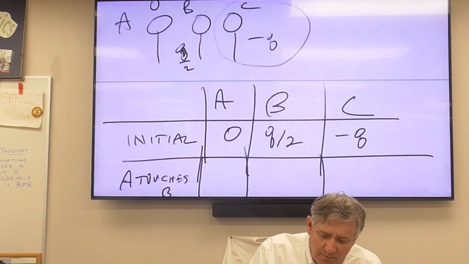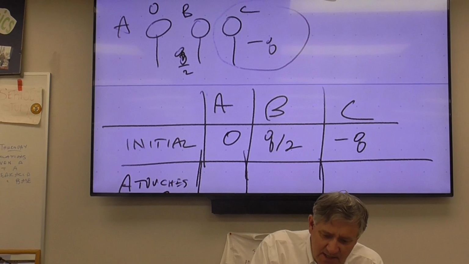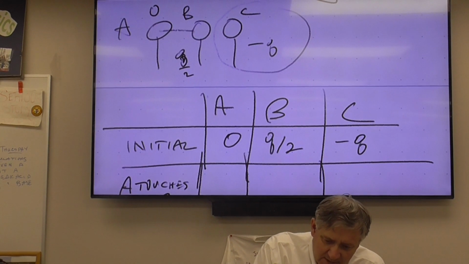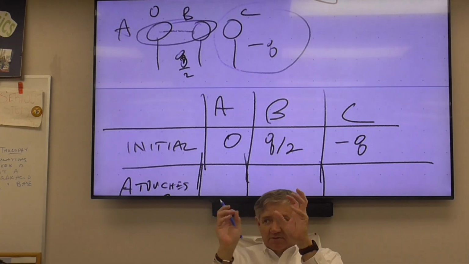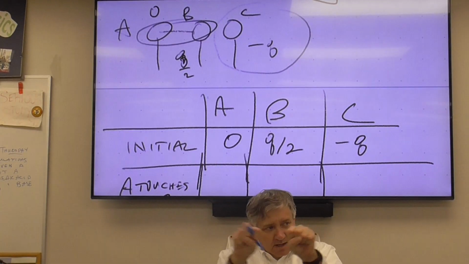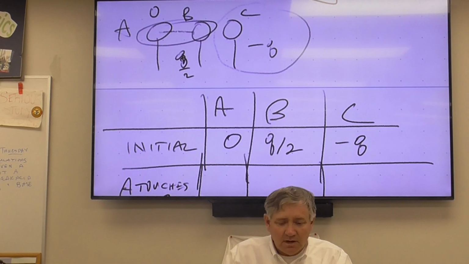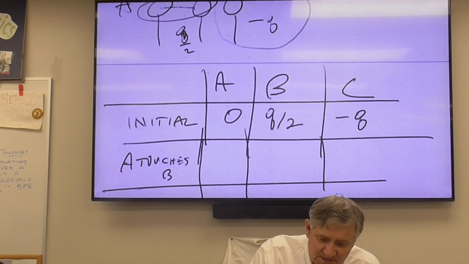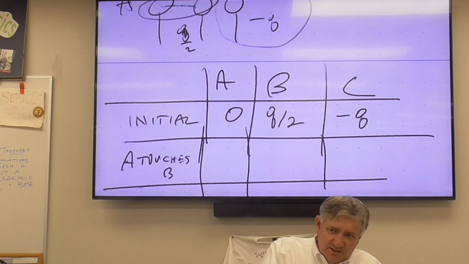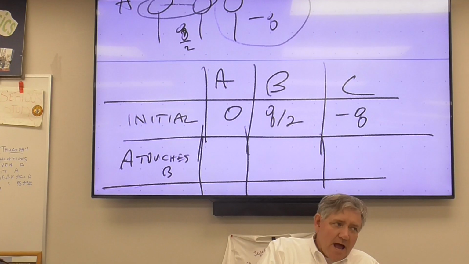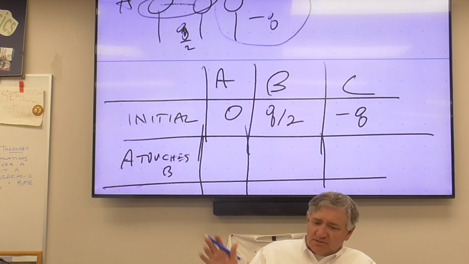Then what we're going to do is touch A to B. We're going to take those two spheres and touch them to each other. Let's start with C. What's going to happen to C? Nothing. Absolutely nothing. It's not part of the story.